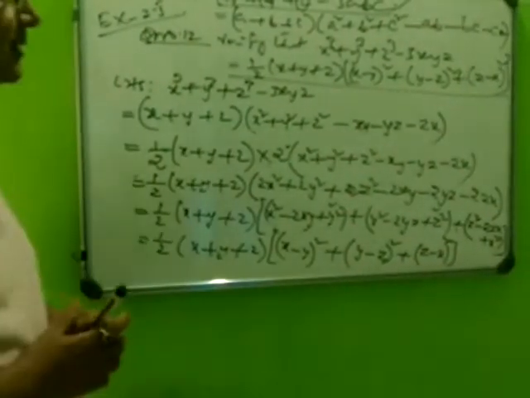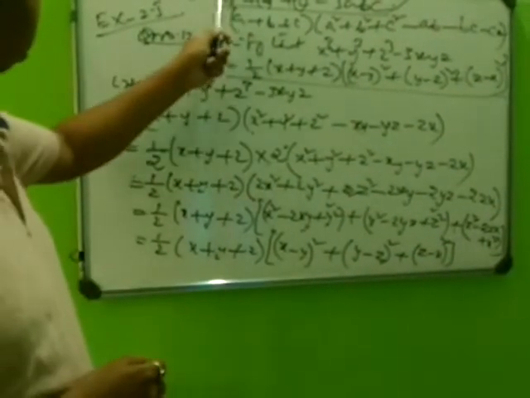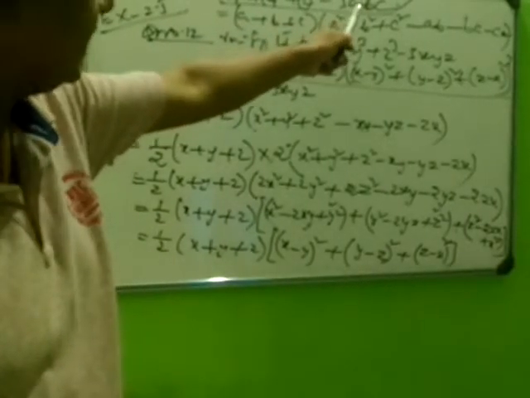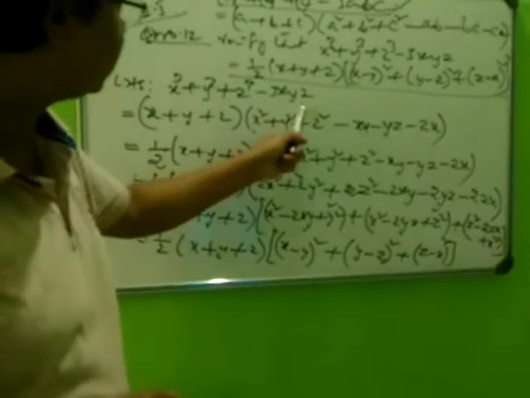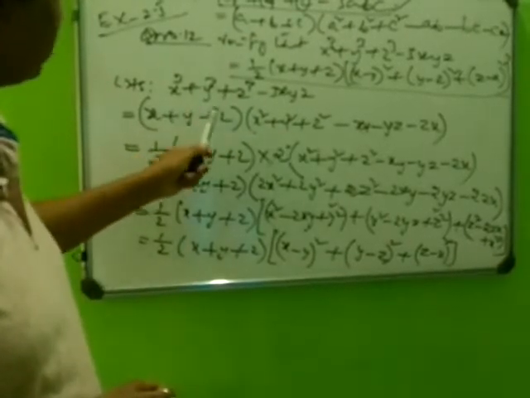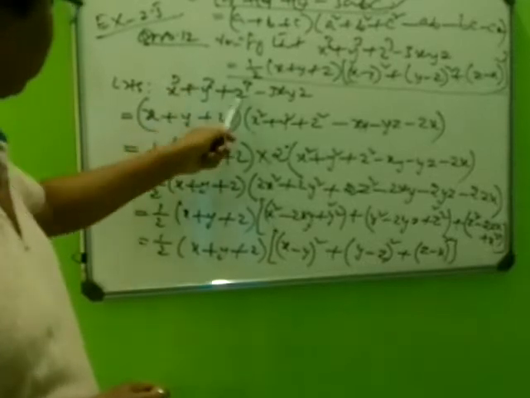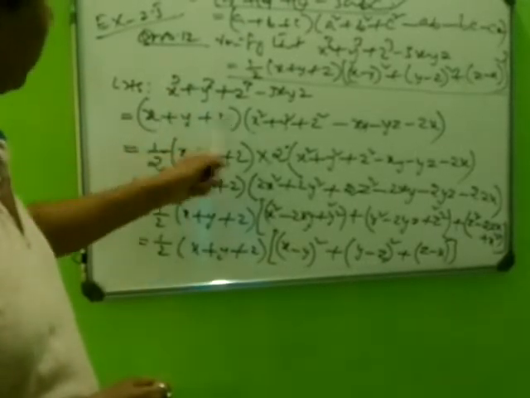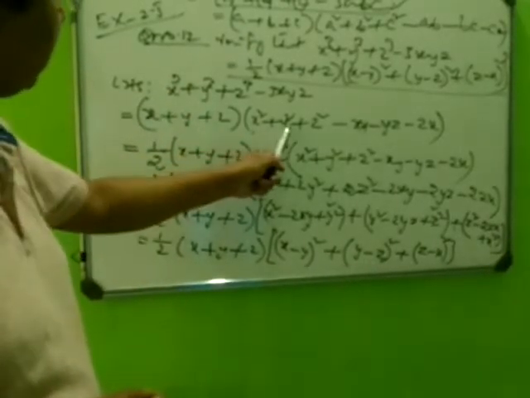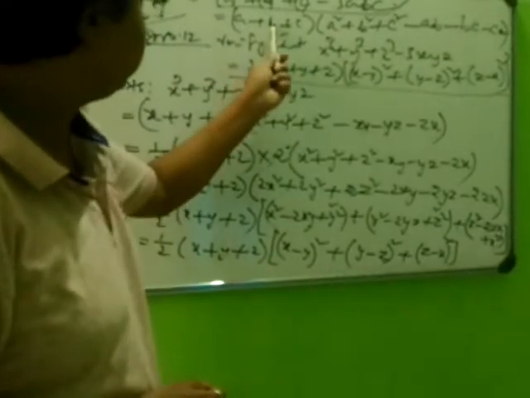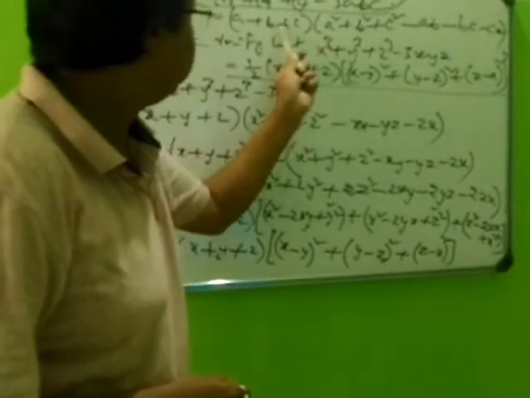So let us discuss again. Using this identity a cube plus b cube plus c cube minus thrice abc, you have just expanded this step. So x plus y plus z, just like a plus b plus c, into x square plus y square plus z square minus, so just you write ab, then you write bc, then ca.